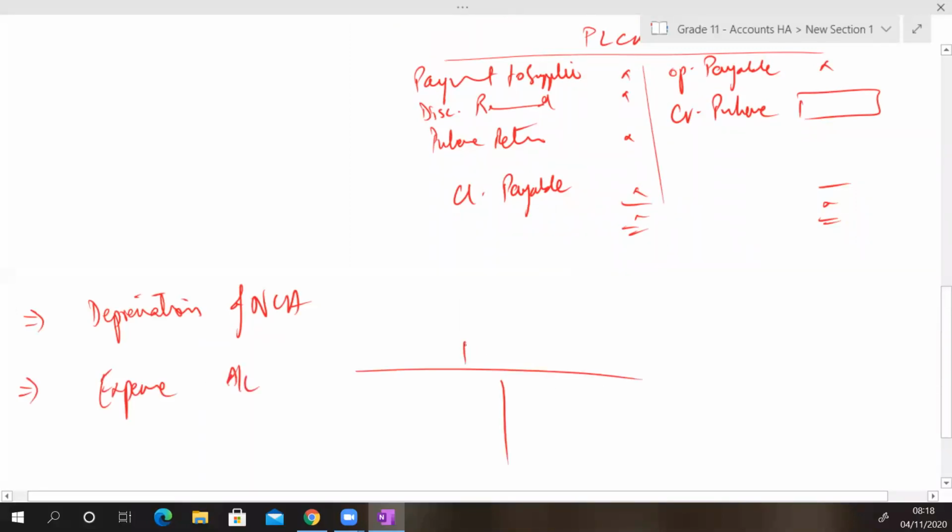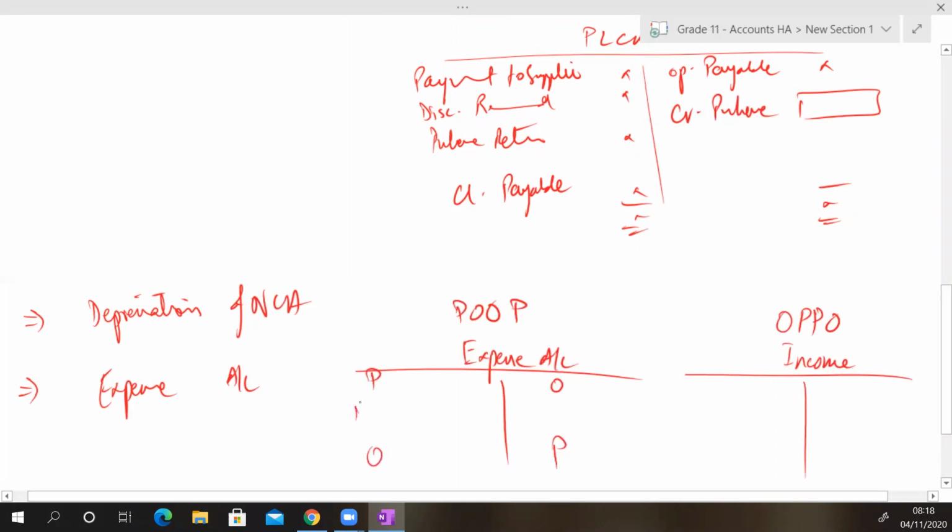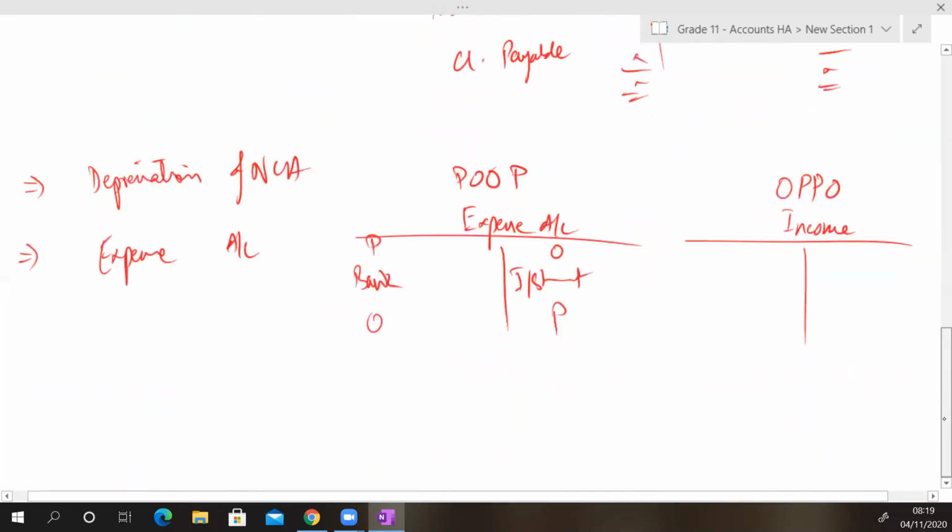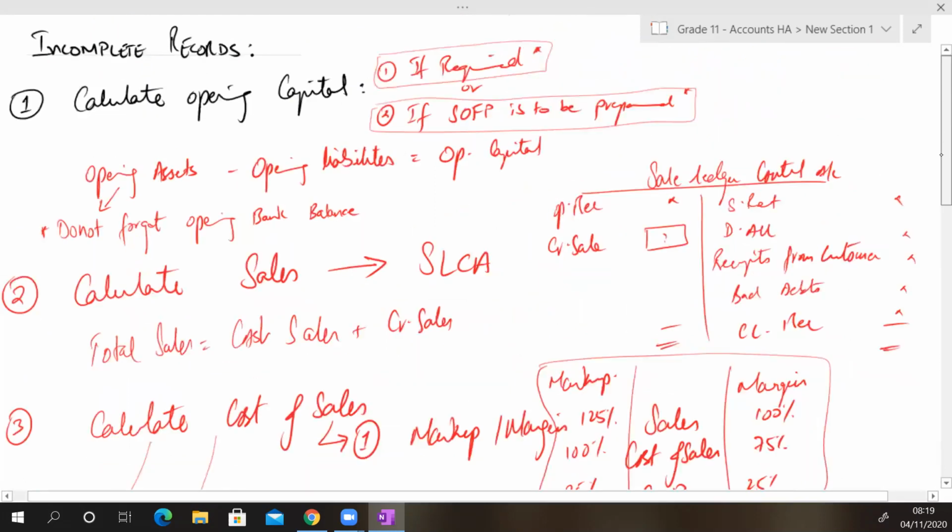How is an expense account made, and how is an income account made? Remember? Income is made from OPO, expense is made from PROO, right? Prepaid, owing, owing, prepaid, bank below prepaid, here charge to income statement. Remember? So this is how you will look at information, channelize it and complete the records. Is that right? Any issue here? It is just basically a simple introduction.